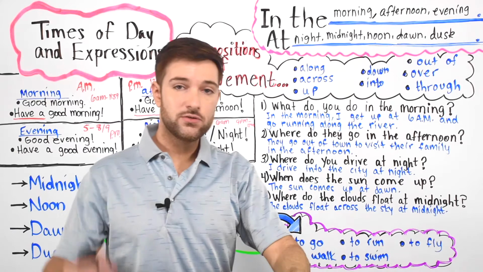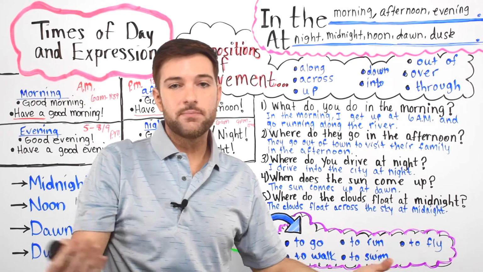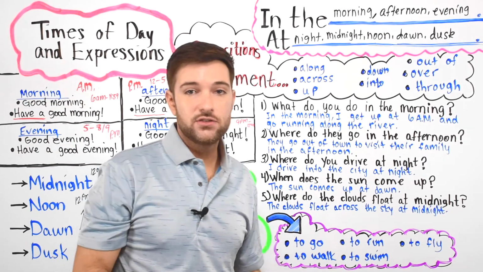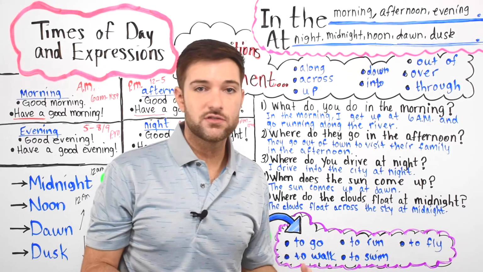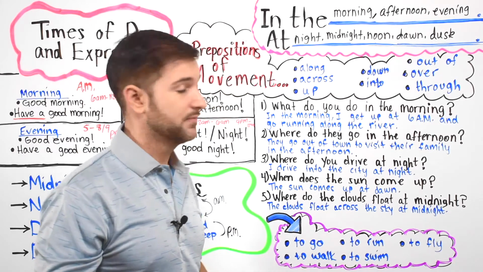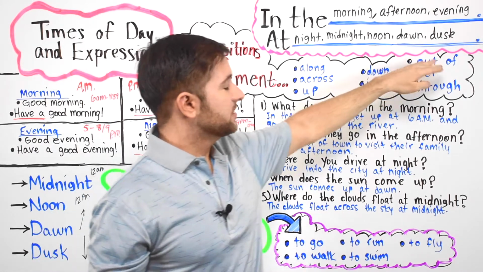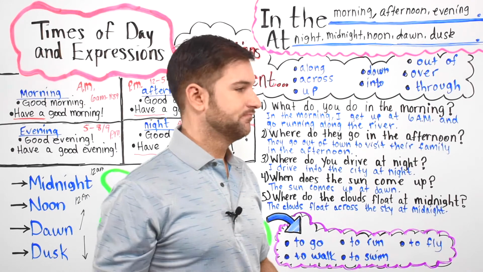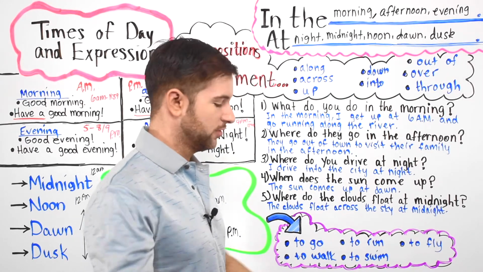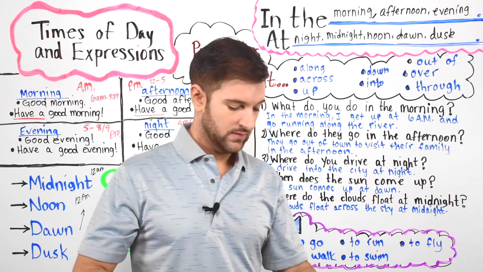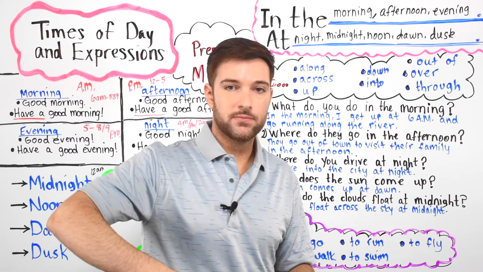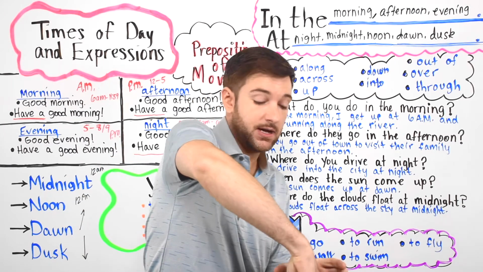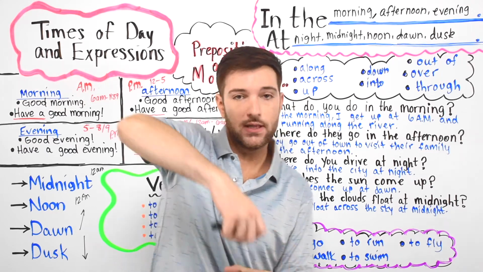You have into, like into something, into a house, into a university, into a place. You have out of, when something comes out. For example, you have a box of popcorn and you put your hand in the box of popcorn and you pull out popcorn.